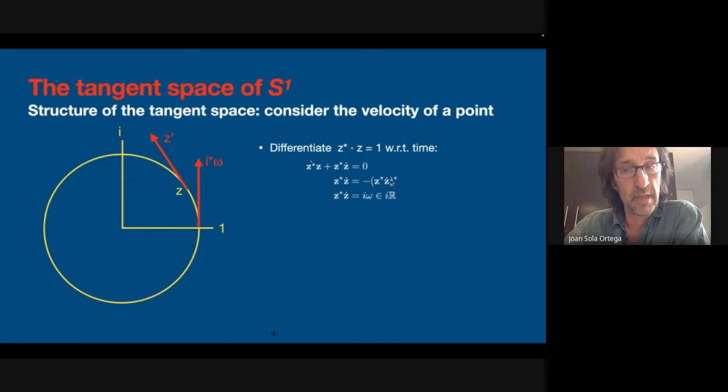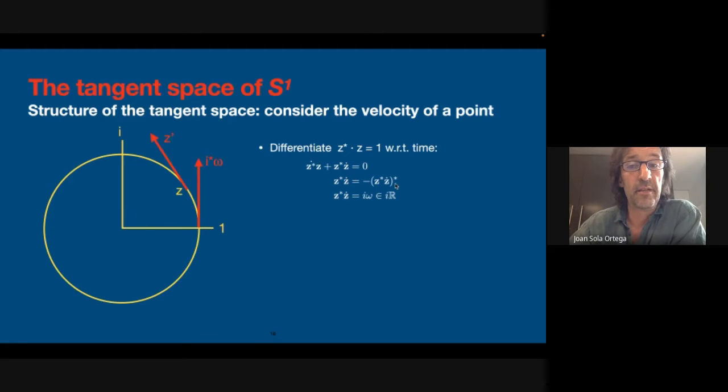Now the important thing is to realize that what is inside this parenthesis, z conjugate z dot, is the same as what is here. So this element z conjugate z dot is equal to minus its own conjugate. And in the complex plane, the only elements that are equal to minus their own conjugates are pure imaginary numbers.